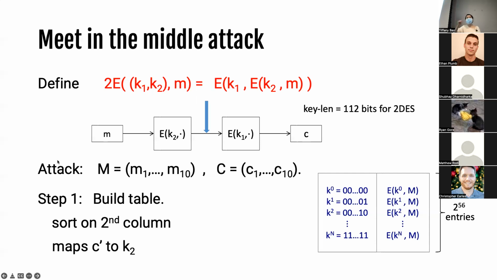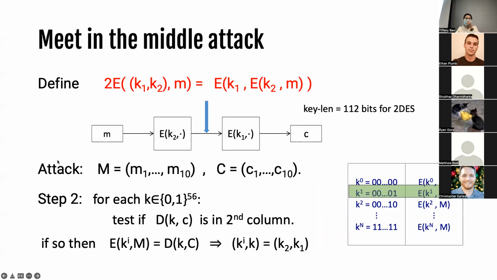And the other column is the decrypted message for every possible value of K1. So we have encrypted values from K2 and decrypted values from K1, two columns over there. And for each column, there are 2 to the 56 entries because we're going to enumerate the values of K1 and K2.